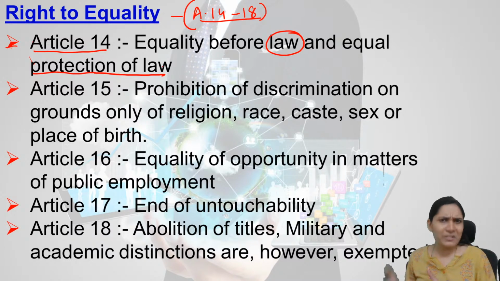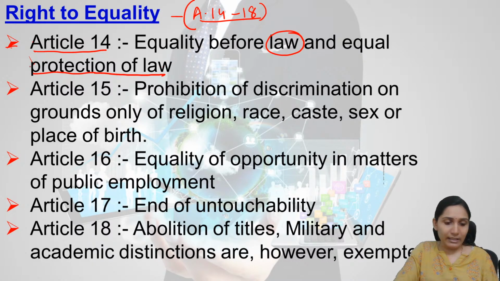So certain exceptions are there, but apart from that, every citizen is treated equal before the law. The constitution also guarantees equal protection of law. That means the law protects every citizen, and this protection extended by the law is equal for every citizen in India. So this is Article 14, equality before law and equal protection of law.